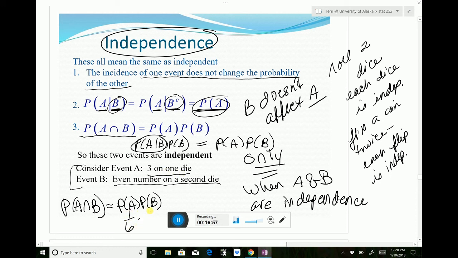The probability of an even number is 1/2. So we end up with 1/12, which makes sense, because if you list all of the possible ways that can happen, you can have a 3 and 2, a 3 and 4, or a 3 and 6. There are only 3 ways that can happen out of the 36 possible rolls of 2 dice. So that becomes 1/12, but multiplying is a much more concise way to do it.